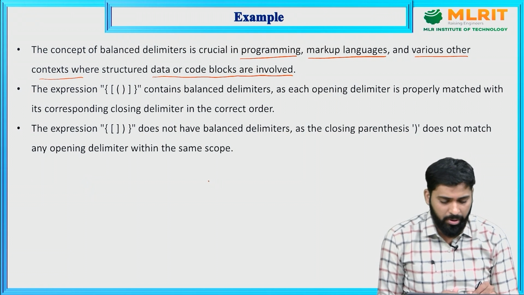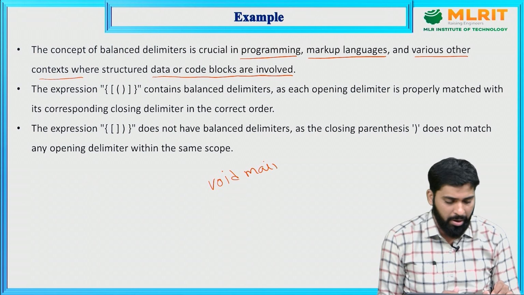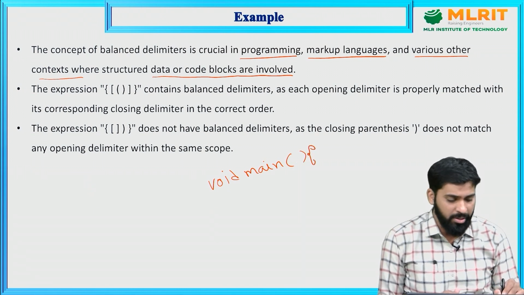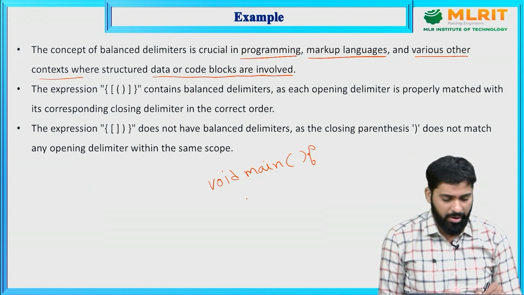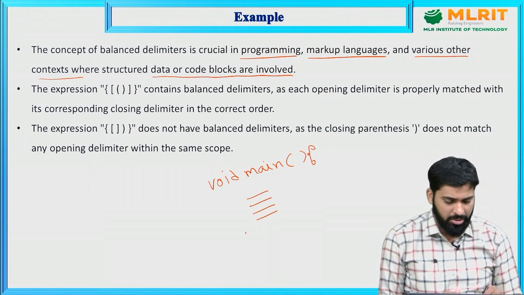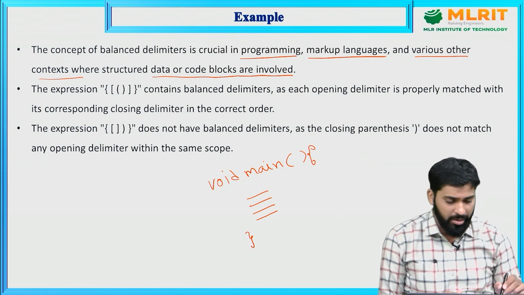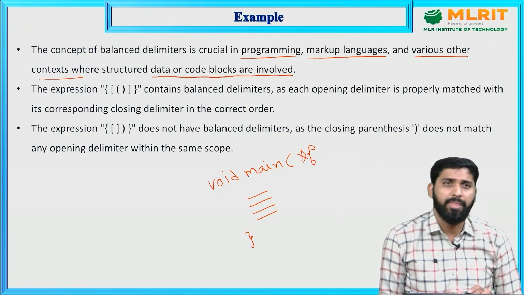In it we write a main function, void main, then two brackets, then I open a curly bracket, and meanwhile I write some instructions, and this is the closing bracket. Now if you miss any bracket, the compiler will return an error.